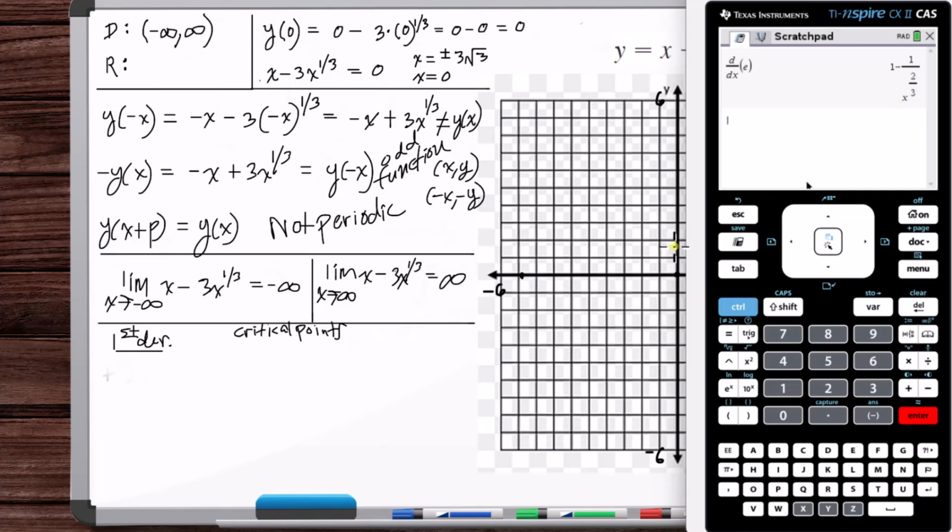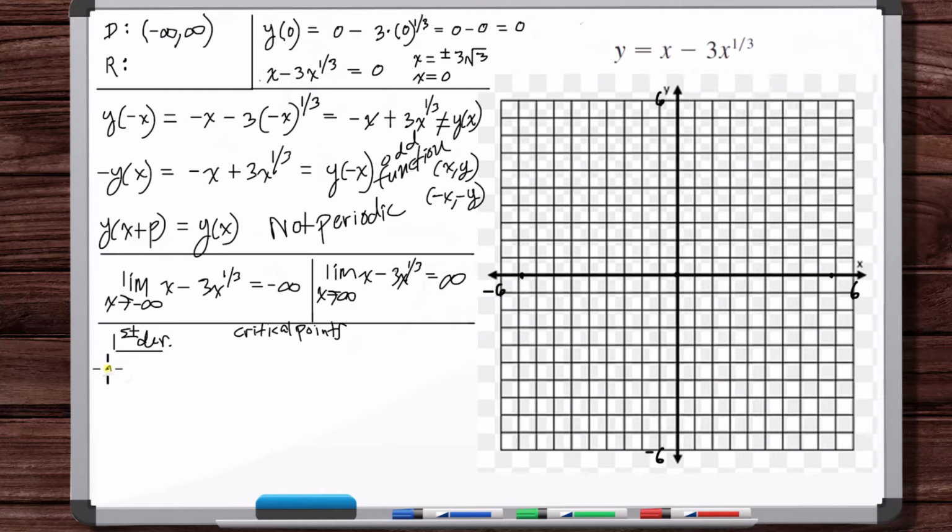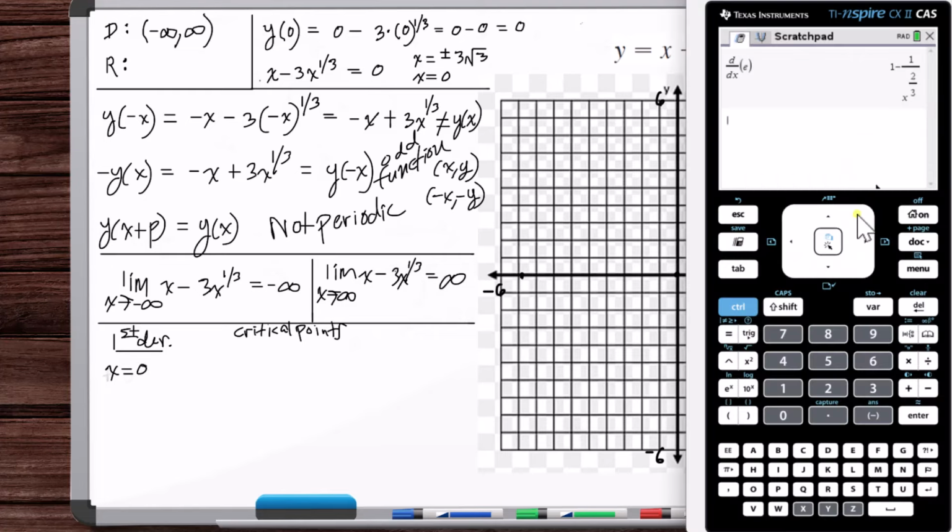And x equal to 0 is within the domain. It's not an endpoint. So that's going to be a critical point. Now, let's solve for where this is equal to 0 for x. x is equal to 1 and minus 1.